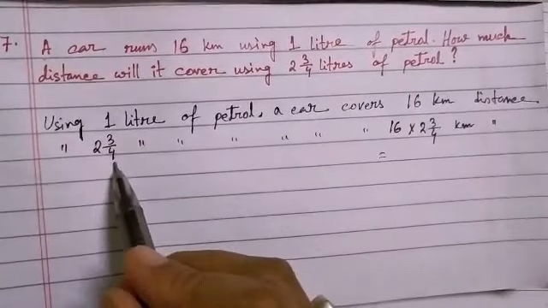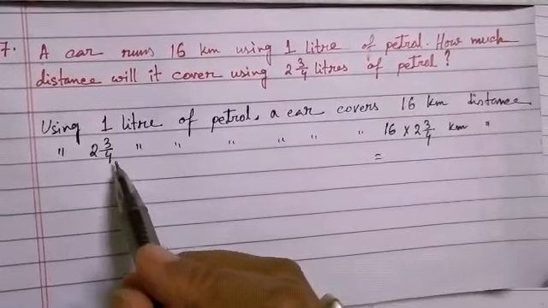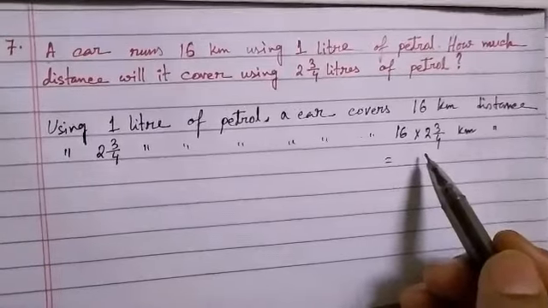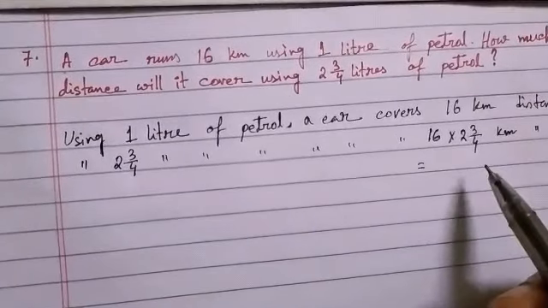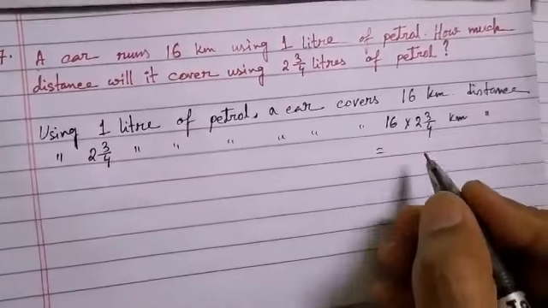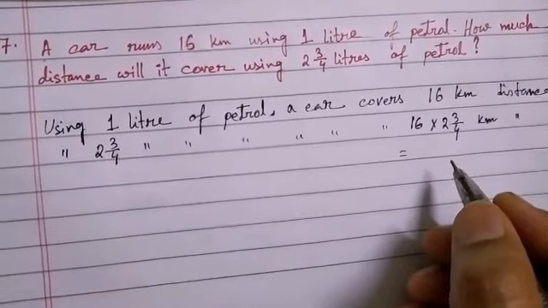Here the amount of petrol is larger. That means the distance the car can cover by this petrol will obviously be larger. That's why multiplication. To find a larger amount we have to do multiplication.